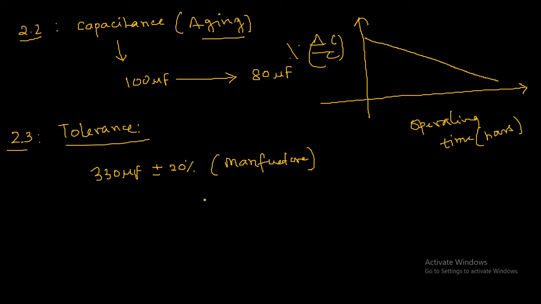This capacitance tolerance is measured and specified by the manufacturer at a particular standard temperature, usually plus 20 degrees Celsius, and this test is generally performed at very low voltage. Now there is another important note.